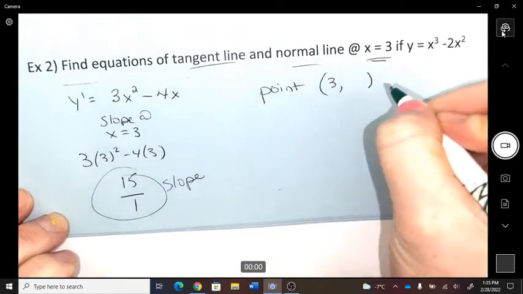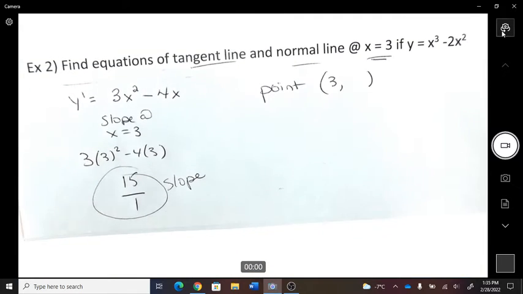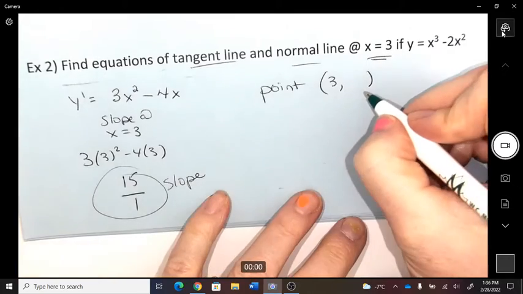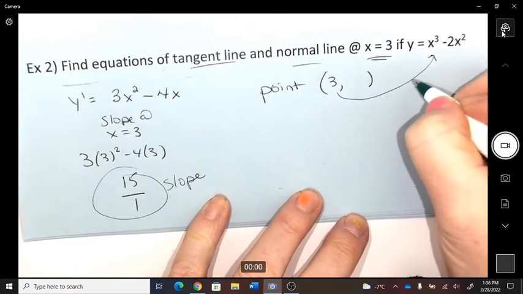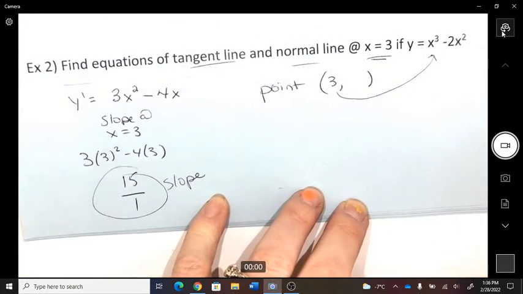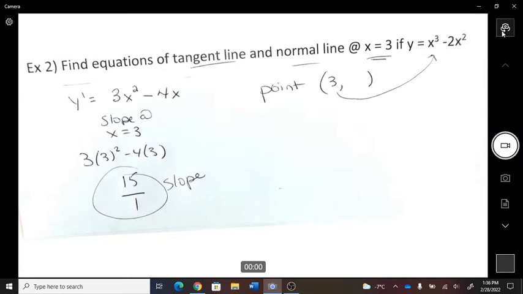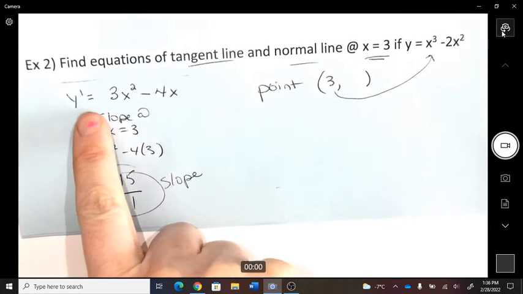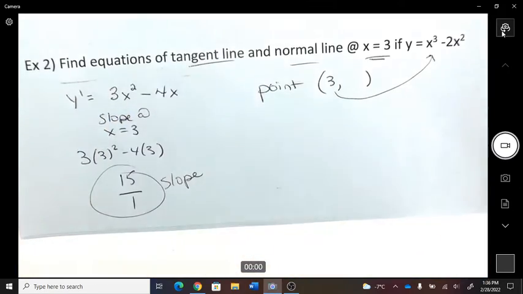3, comma... And what do I do to get that coordinate? I'm going to have to plug it in, right? Do you understand I'm plugging it into the original, not the slope? I'm not plugging it into the derivative.